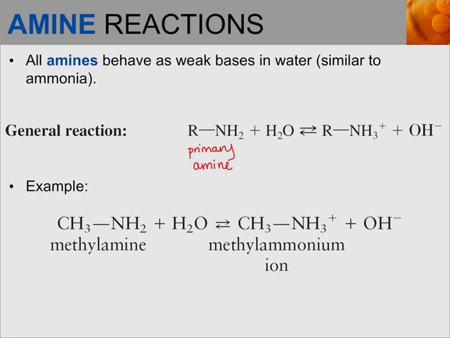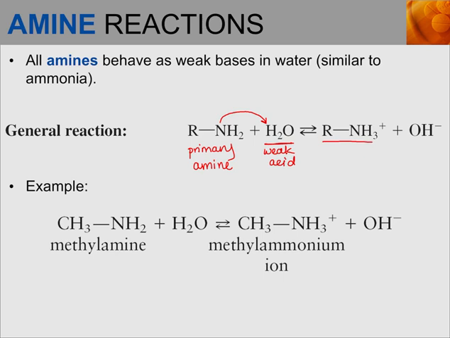And then we have water, which will act as our acid or weak acid. So remember, water could act as an acid or a base, depending on the situation. So what's going to happen here is the nitrogen from our amine is going to grab a hydrogen from the water molecule. And we're actually going to end up with something called an ammonium ion.